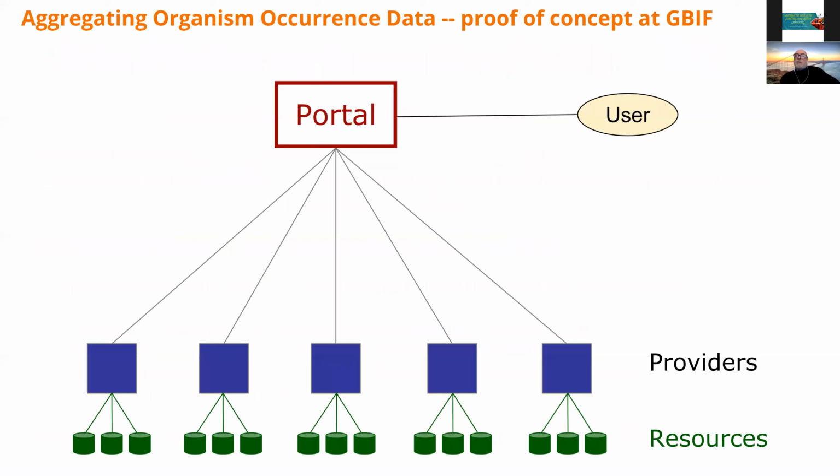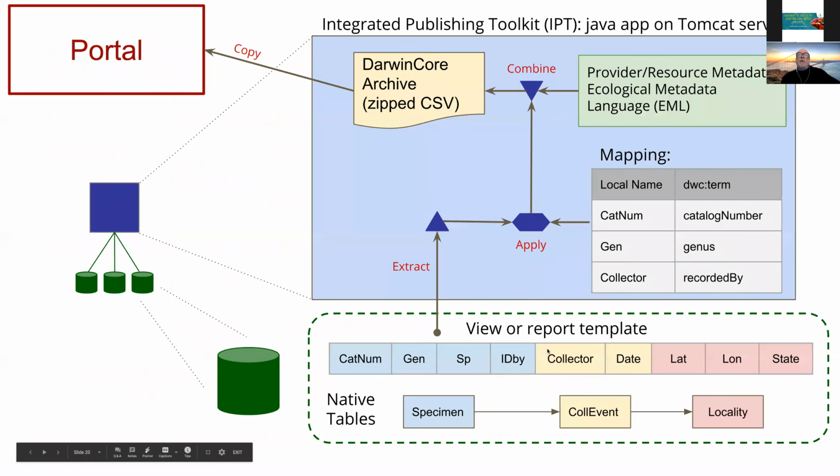So back to this conceptual diagram, I'm going to take a look at what goes on in this blue box, if you will, and blow that up. Here we have the blue box, expanded into the Integrated Publishing Toolkit processes that go on there. And down here, we have a resource that's expanded. You may have a local database that has a highly normalized data model, or could even be just a spreadsheet.